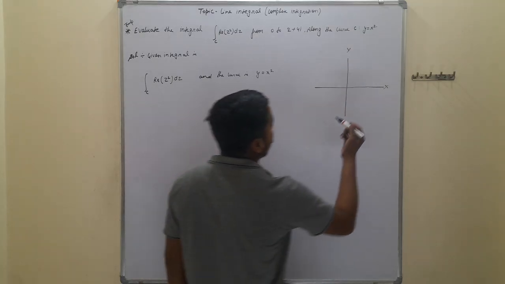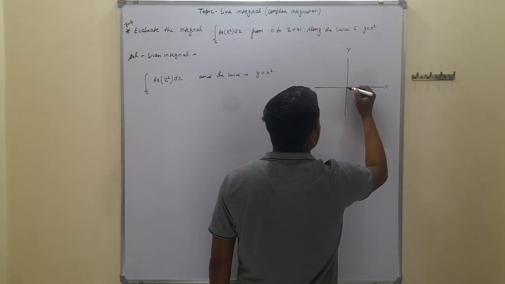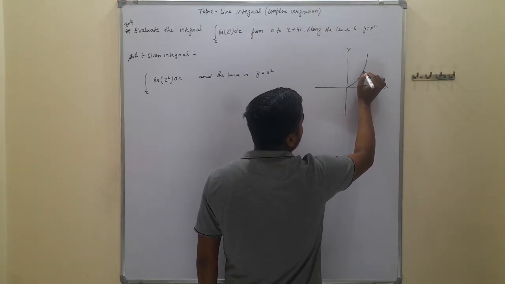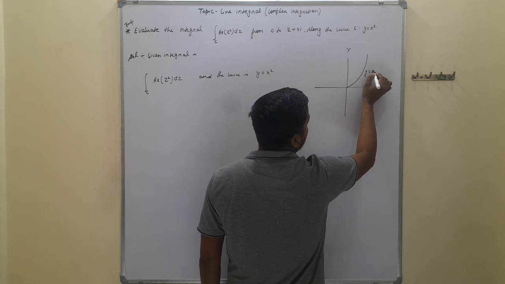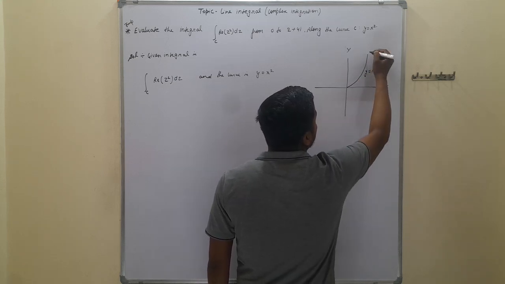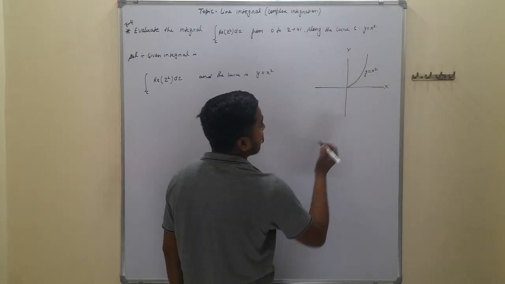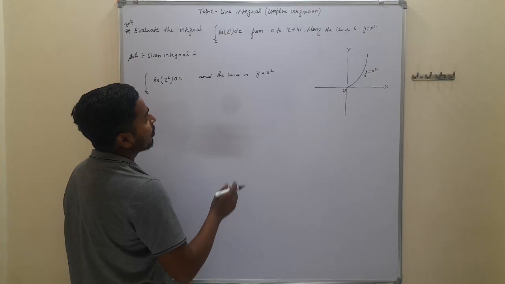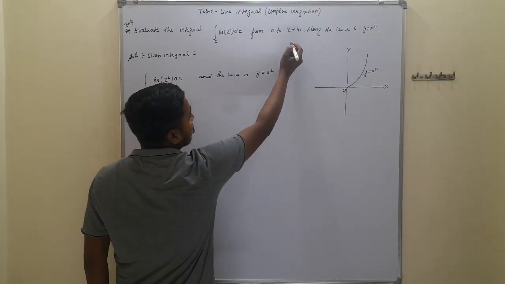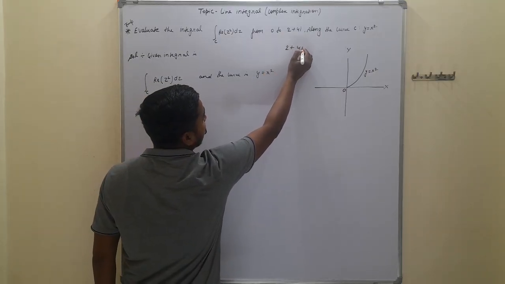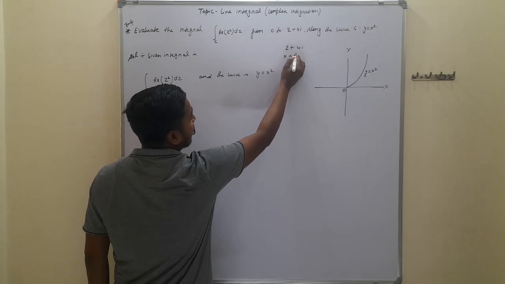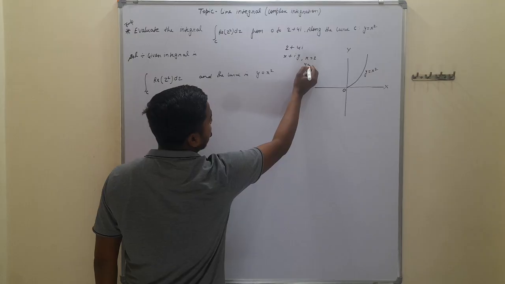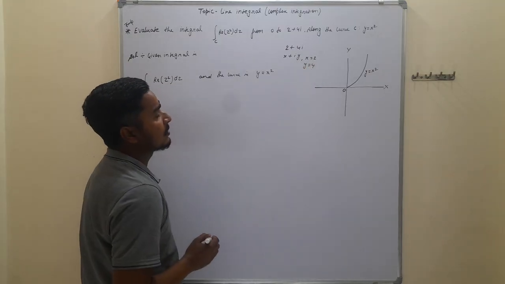We draw the parabola y is equal to x square, like this is the curve y is equal to x square, and this is the origin, and we can also consider the limit. This is 2 plus 4i. This is of the form x plus iy. Here x is equal to 2 and y is equal to 4. The point lies on the curve.